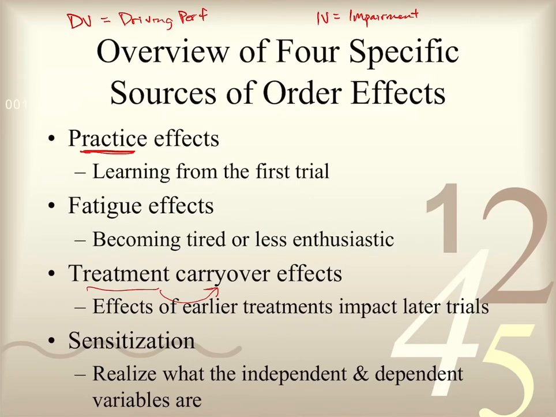And then you gave me ECT and you measured my depression. Well, guess what? I'm going to start to guess that whatever you're doing, you think is going to impact my depression levels. And the more times I go through this, the more I realize that what you're doing in these intervening times is designed to change my depression. So I want to ask you this: is there any way in which our driving performance experiment may be subject to sensitization order effects?